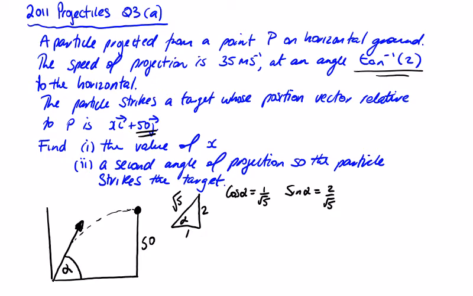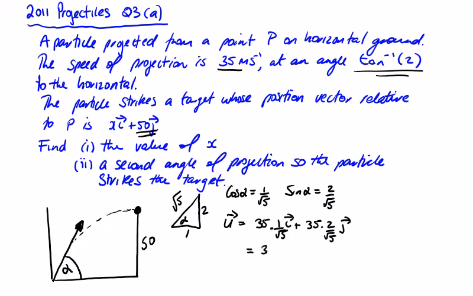So my initial vector position is the cos. 35 is the speed, just 35 cos alpha, 35 by 1 over root 5, plus 35 sine alpha, 35 by 2 over root 5, and that's my i and my j.